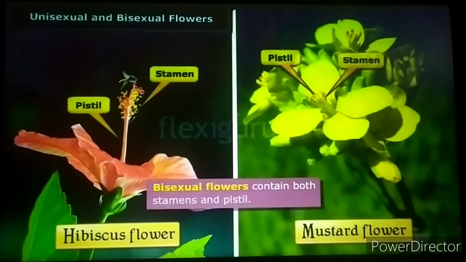If both the male reproductive organ, the stamen, and the female reproductive organ, the pistil, are present in the same flower, as you can see in both figures, such flowers are called bisexual flowers.